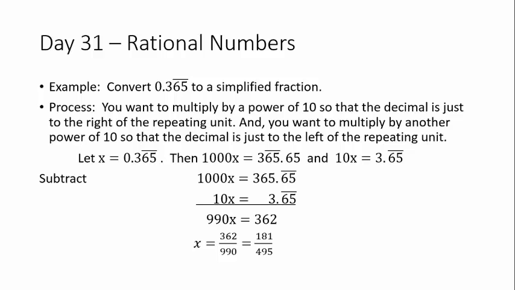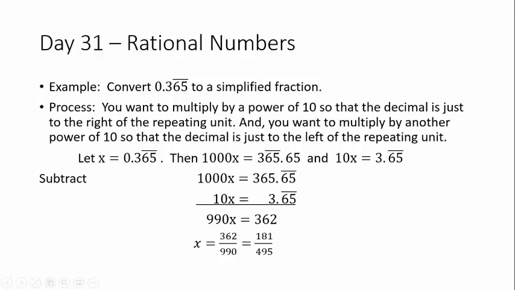So this gives me 3.65 with the 65 repeating. So you'll notice here in the 2 multiplications I've done, I've moved the decimal place to the left of the repeating pattern in one and to the right of the repeating pattern in another. Just to emphasize, I've moved the decimal to the right of the repeating pattern here and to the left of the repeating pattern here.